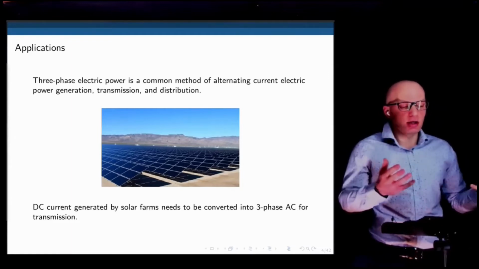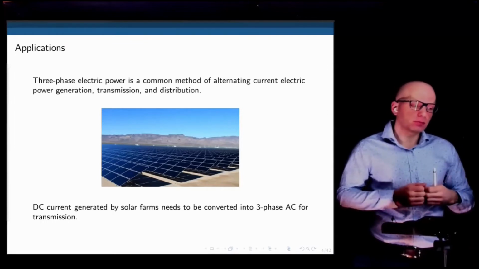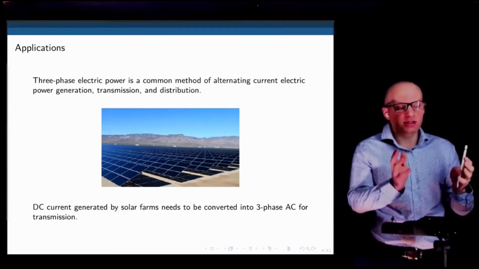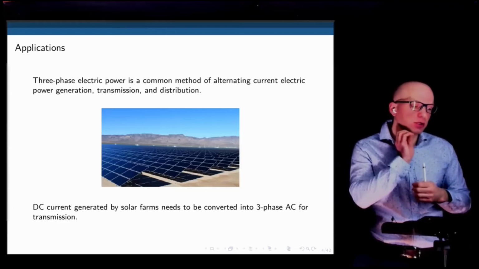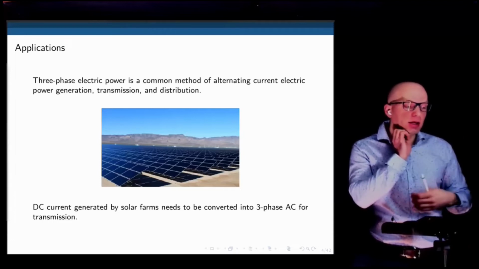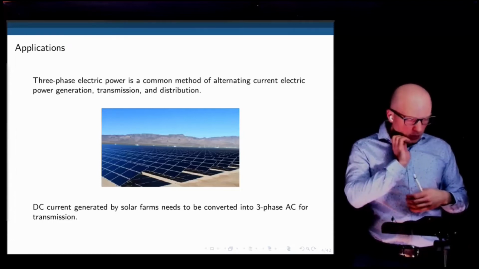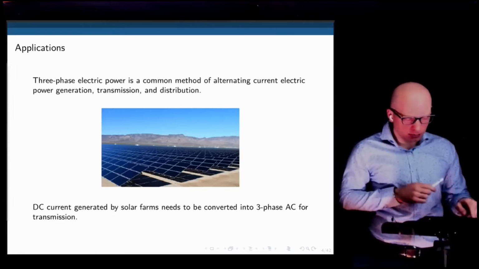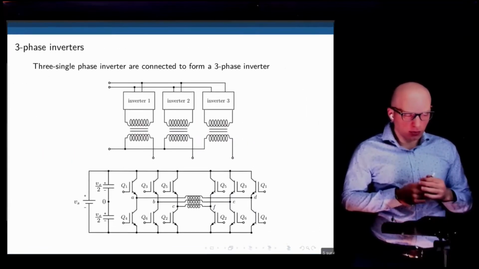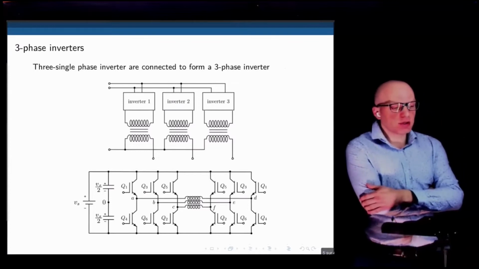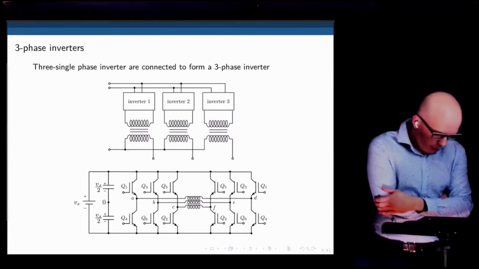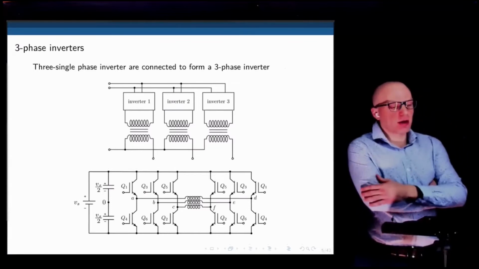We then create a 3-phase AC, and each phase again is shifted by 120 degrees, and then, only then, it can be applied to the grid. How can we do that, from a DC supply voltage? The idea is relatively easy to understand, but the way we calculate the duty cycle can be a bit complicated.